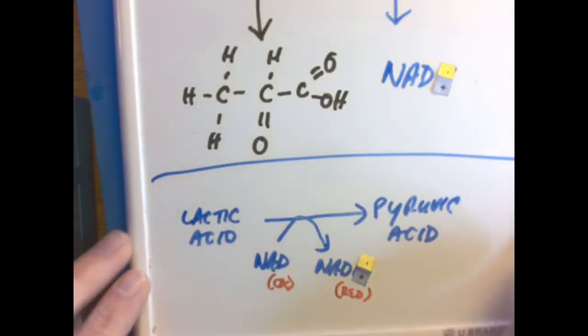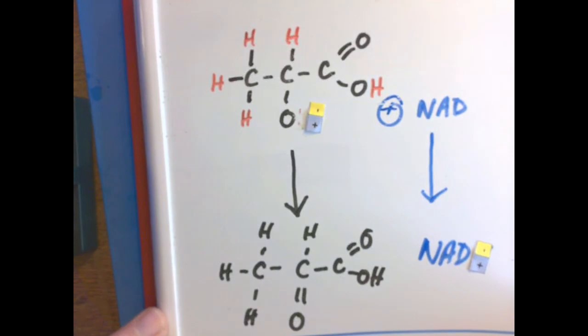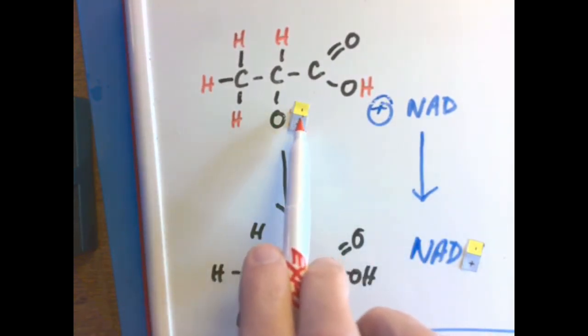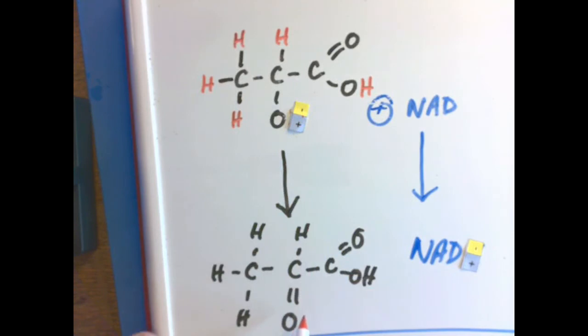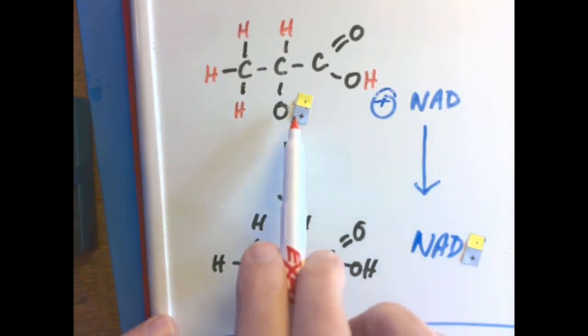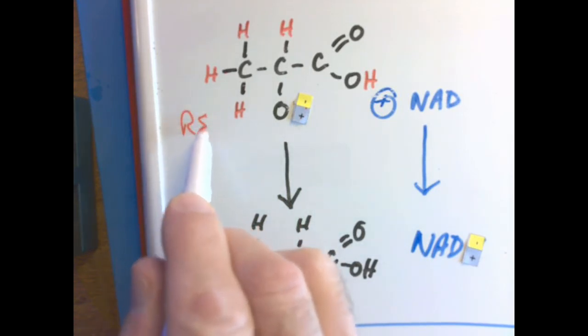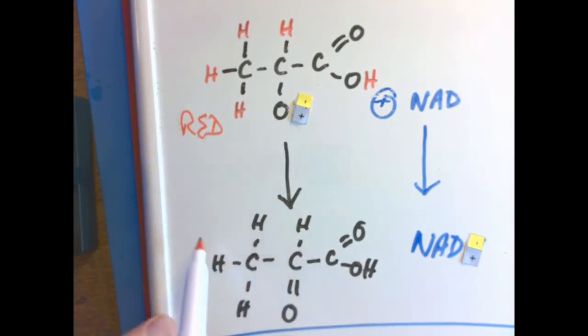If I look back at my structures of these organic molecules here, my lactic acid had a hydrogen atom that my pyruvic acid didn't have. There was one more electron equivalent here than there. Therefore, this is relatively more reduced compared with this, or this is relatively more oxidized compared with that.